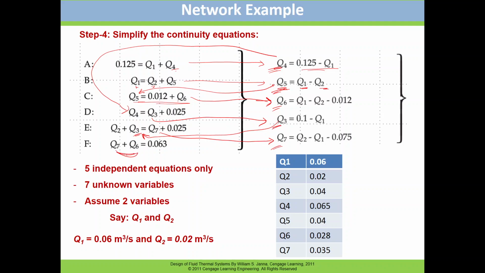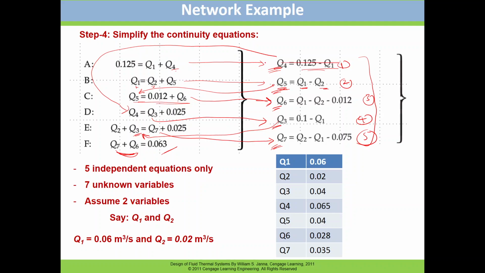From this equation, you can write either in terms of Q6 or Q7, right? But both of them we have already, in terms of Q1, Q7, and Q6. So this equation will not help us. We can leave this equation, and these are our consistent equations: 1, 2, 3, 4, and 5.